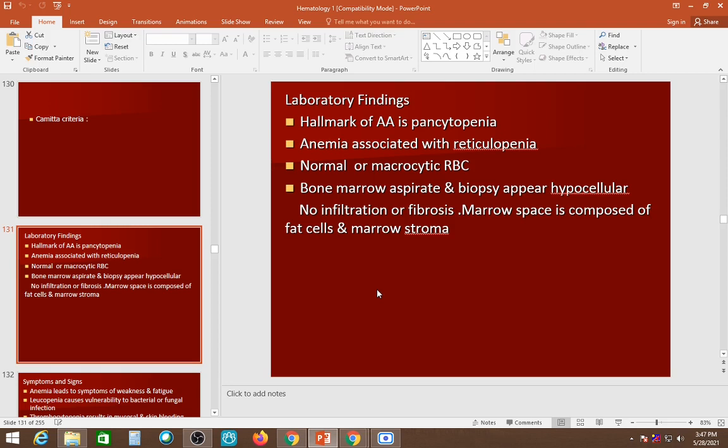Very few cells are there, and there are no infiltrations, no abnormal cells seen, neither fibrosis, and the marrow space is composed mostly of fat cells and the marrow stroma. So the laboratory findings: you'll get pancytopenia, and when you do a bone marrow, it's usually a hypocellular marrow, no infiltrations or fibrosis. It's very clean, but fewer cells are there.